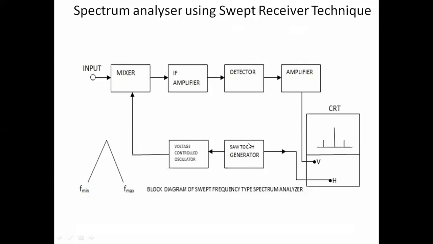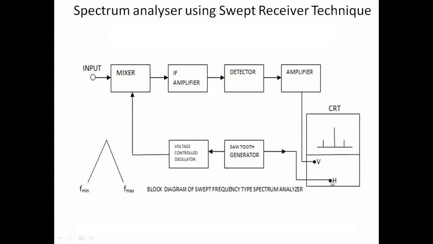The main or basic block in this spectrum analyzer using the stepped receiver technique is the sawtooth generator. This sawtooth generator will produce a voltage. That voltage is applied to the horizontal deflection plates of the CRT.